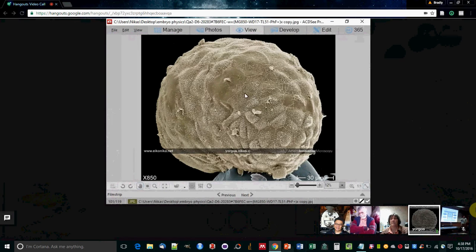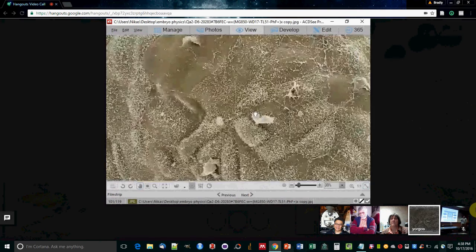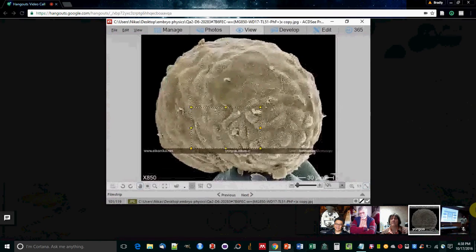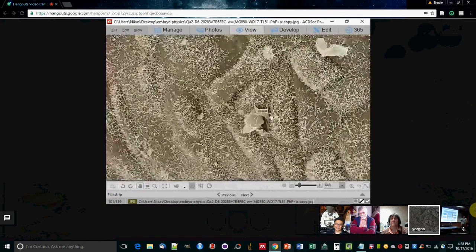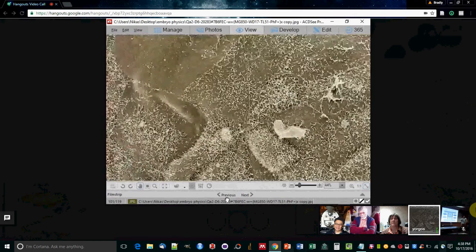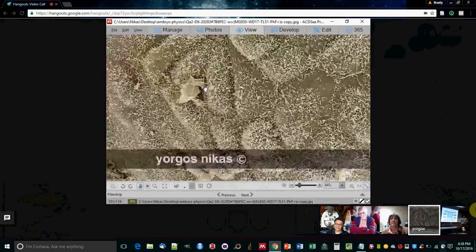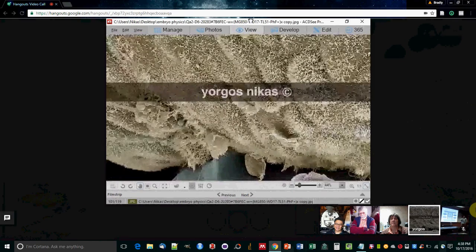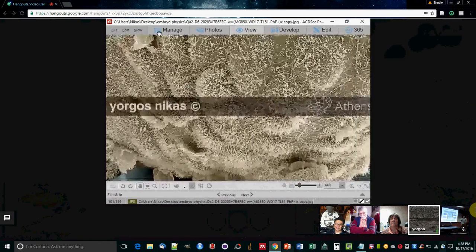And here you see, on the plasma membrane, there are many, many, I don't know what is happening. There are many ruffles, things that it's difficult to tell what they are doing.